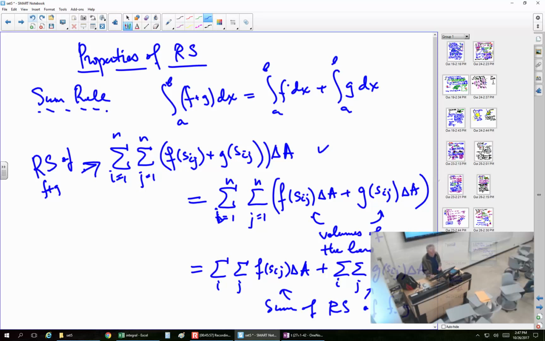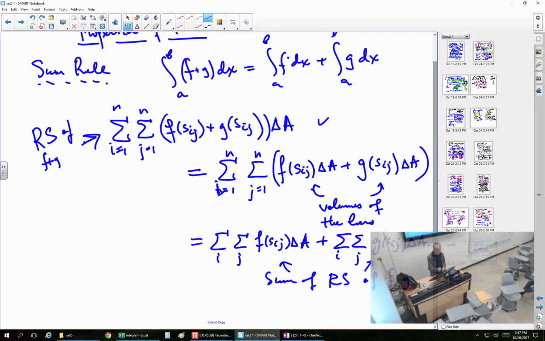So what remains is simply to take the limit of the two if we want to have a property for the integral. Okay, so what happens as n goes to infinity? We approach the integral as a limit? That's right, the three integrals will be approached.